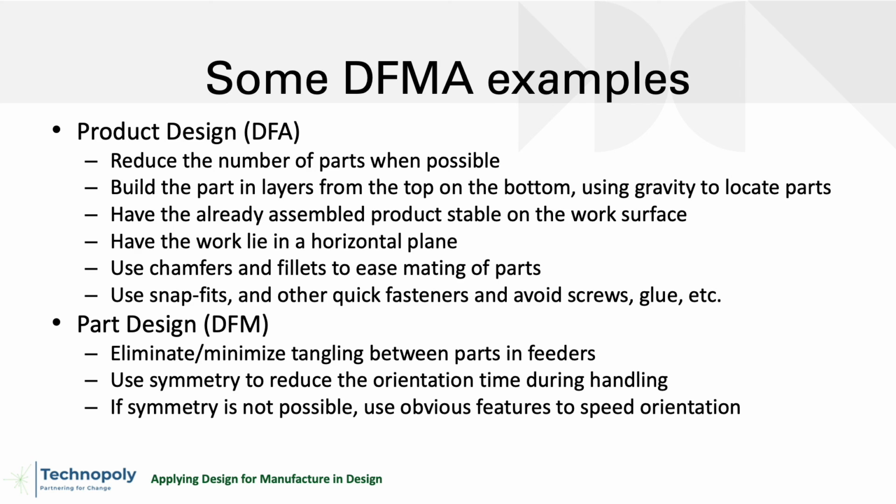You know the slit where it should go, so you don't need to think about it. If symmetry is not possible, you might pursue other ways by which you can speed up the way the orientation can be done without the assembler or the manufacturer getting confused. This, in a way, is another way of mistake-proofing your design for manufacturing.